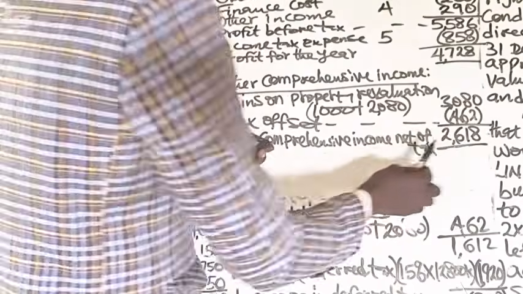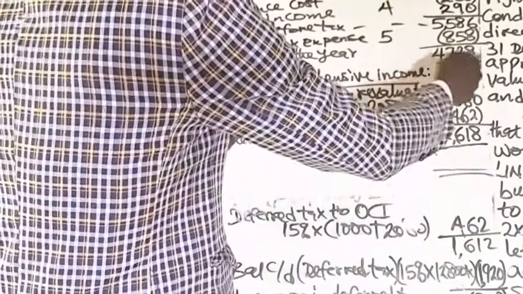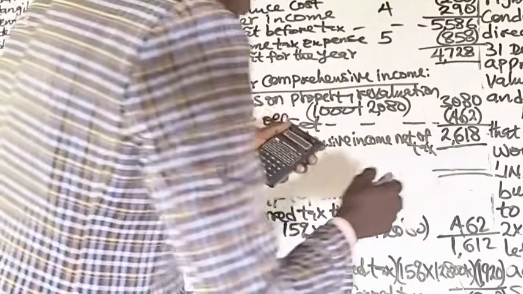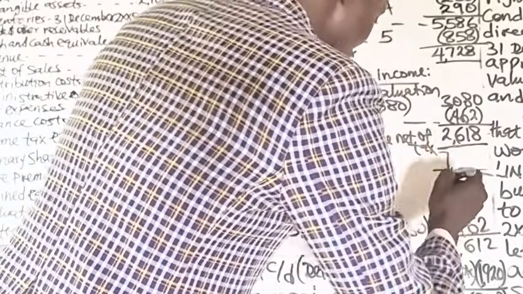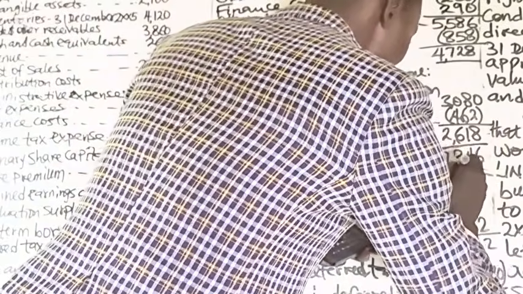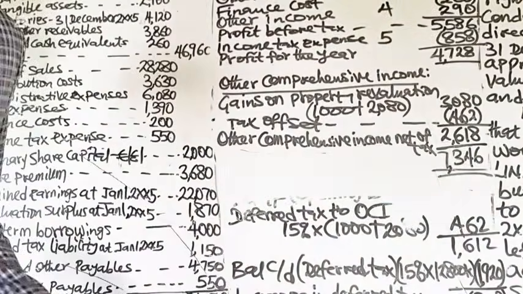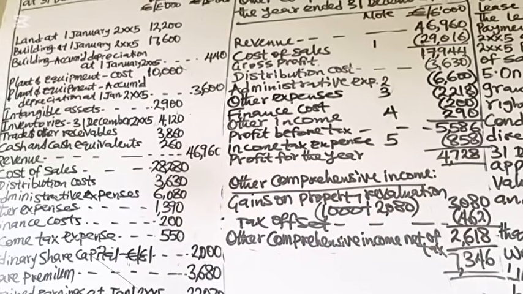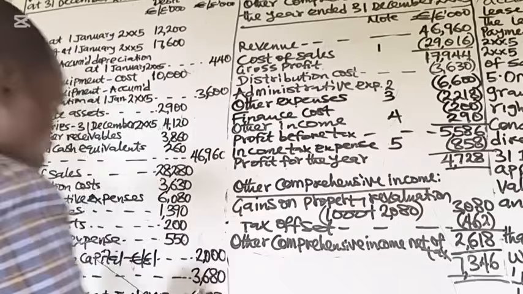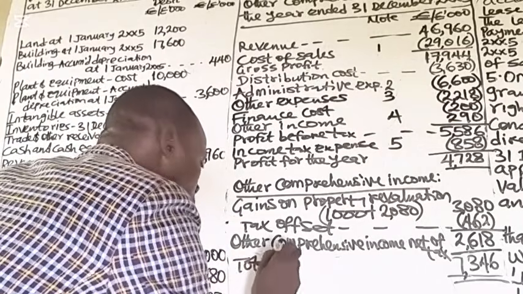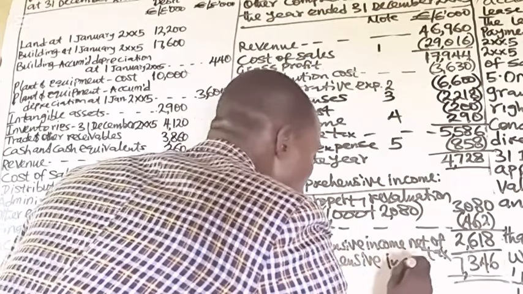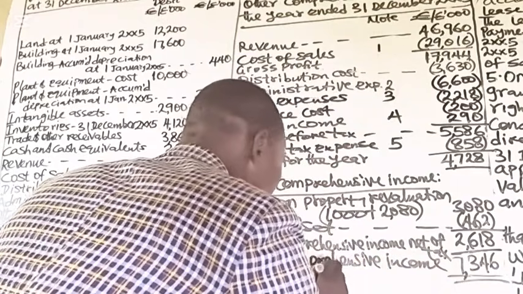So if you now add this other comprehensive income to the profit for the year of 4,728,000, then you have 7,346,000. And this 7,346,000 represents the total comprehensive income for the year.